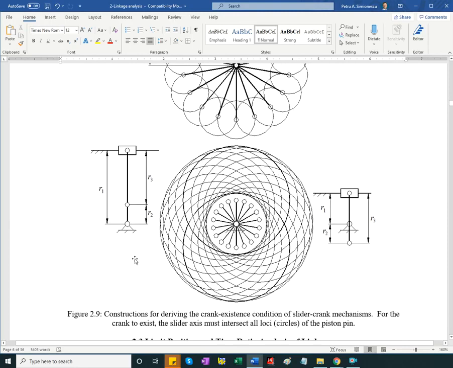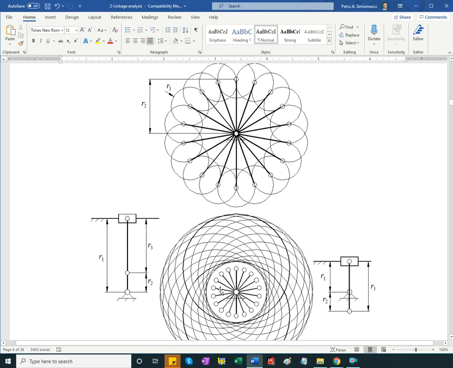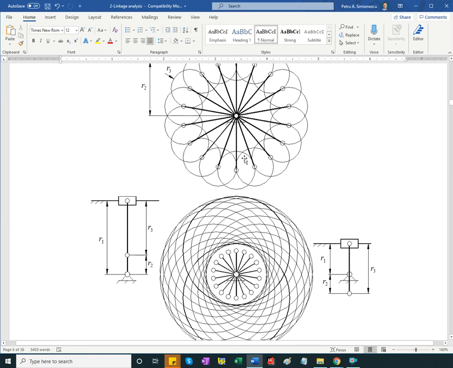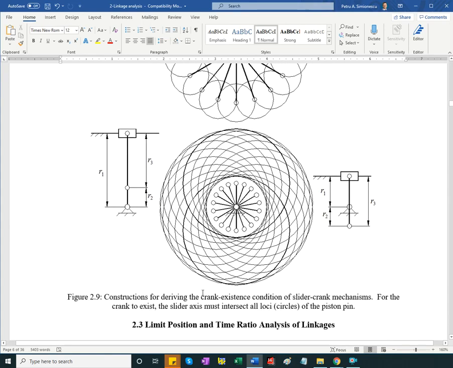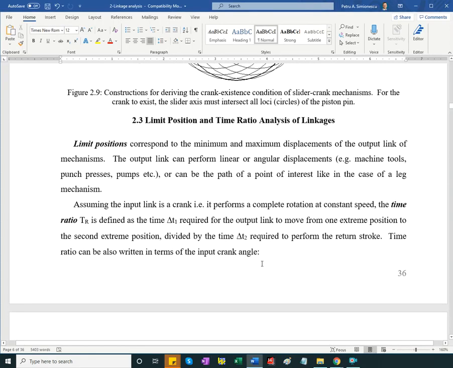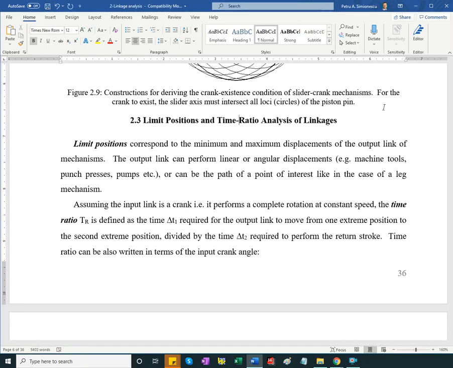Okay, so look for yourself one more time. Try to understand the concepts based on these two figures. The next discussion is on limit positions and time ratio analysis.